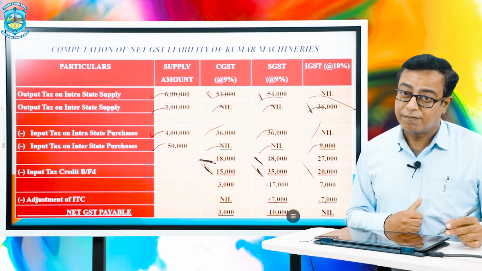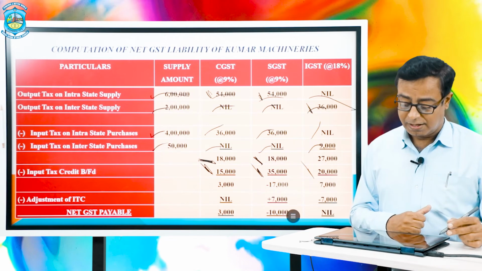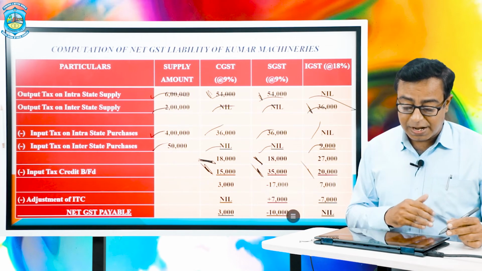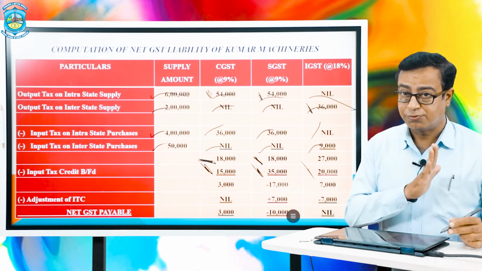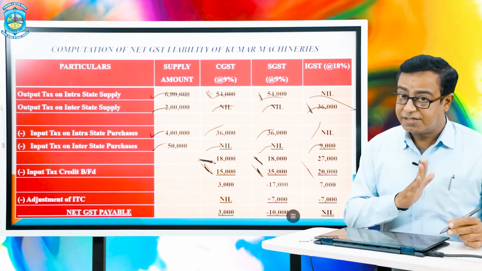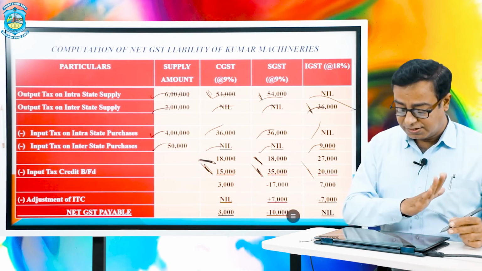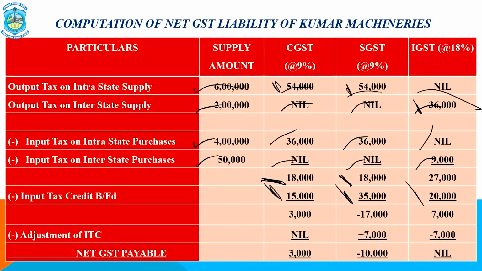What is the meaning of these plus, minus, or negative or positive signs? That is very easy. 3,000 we have to pay to the government for CGST, 7,000 we have to pay to the government as IGST, but in case of SGST, we have to recover from the government 17,000 rupees.